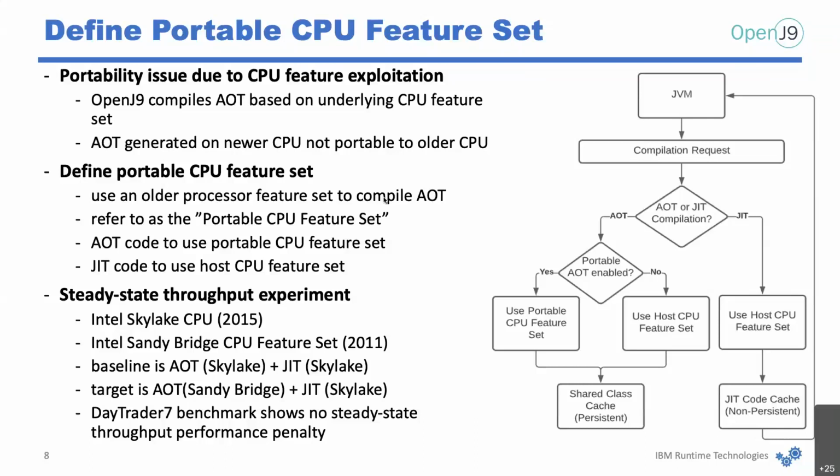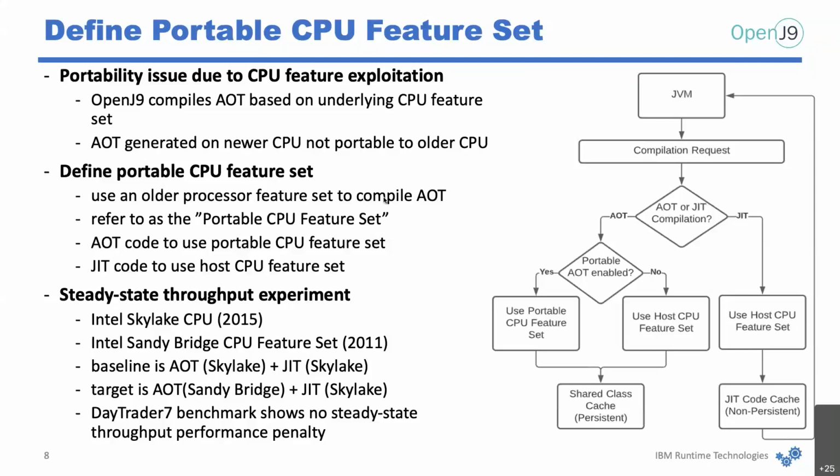So our experiment involves running the DayTrader 7 benchmark on an Intel Skylake CPU, a CPU microarchitecture from 2015. For the portable feature set that will be used by the portable AOT compilations, we picked the Sandy Bridge CPU feature set, which is a relatively old CPU microarchitecture from 2011.